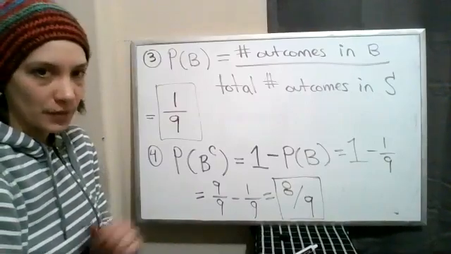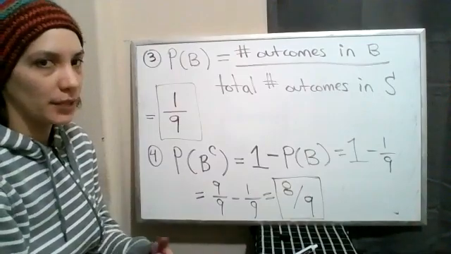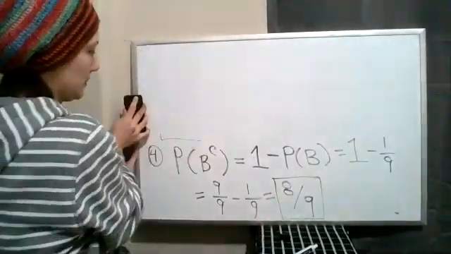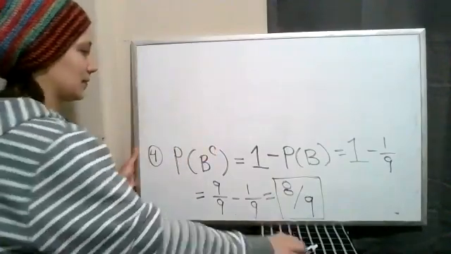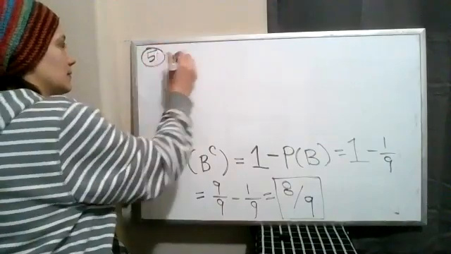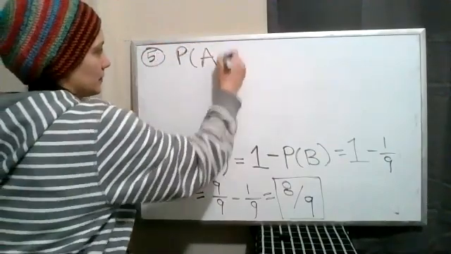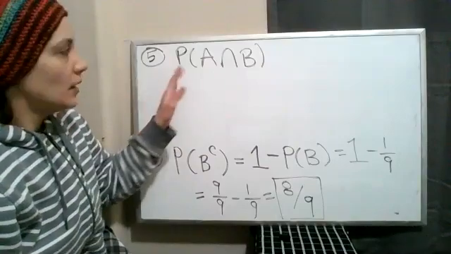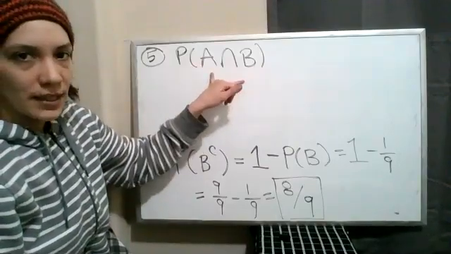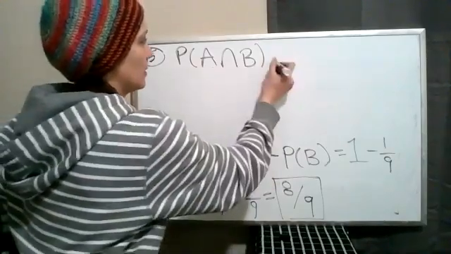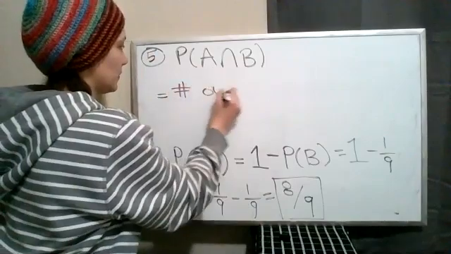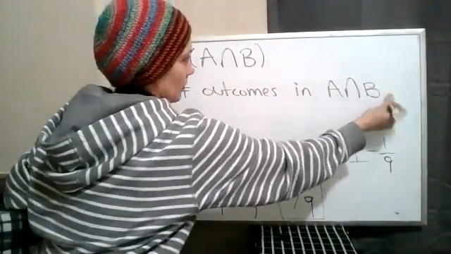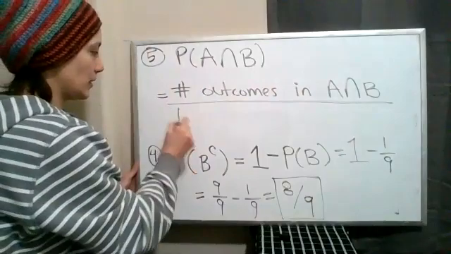Few more. So number 5, probability of A intersect B. So we're going to write out, it's the number of outcomes in A and B, this set right here, over the total number of outcomes.